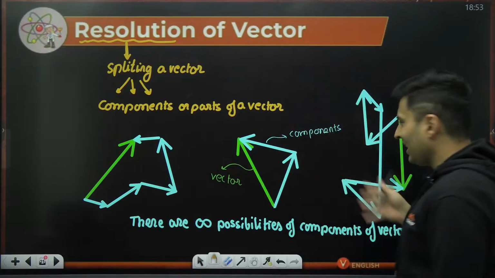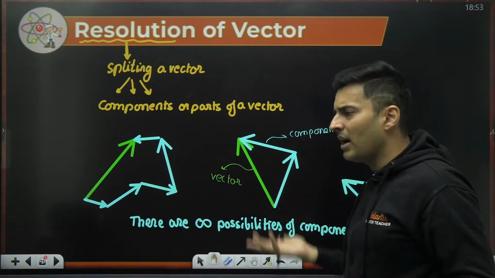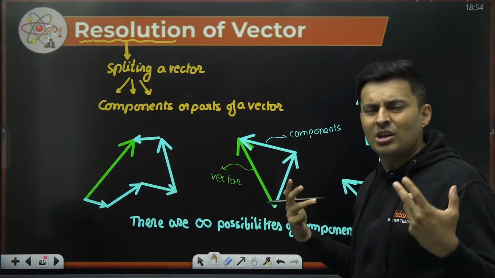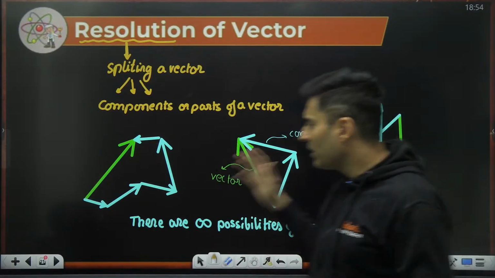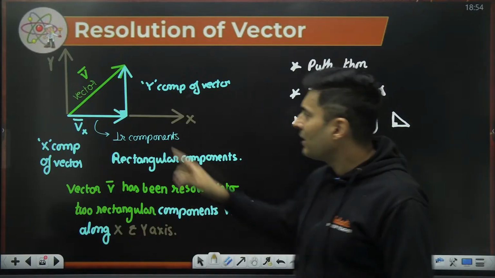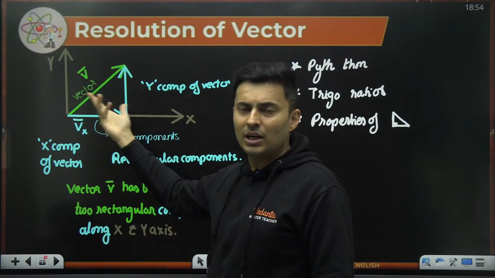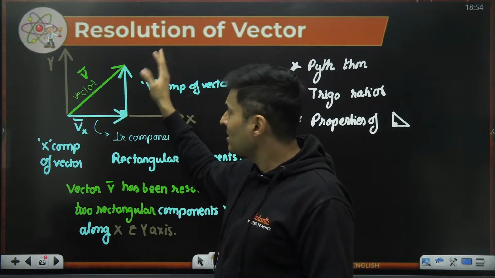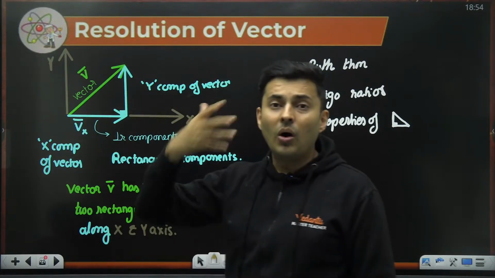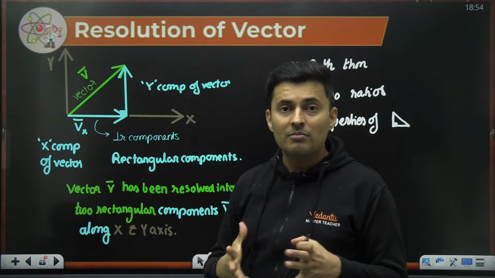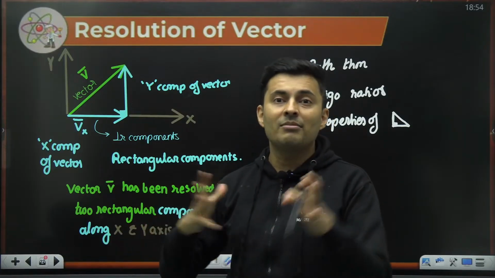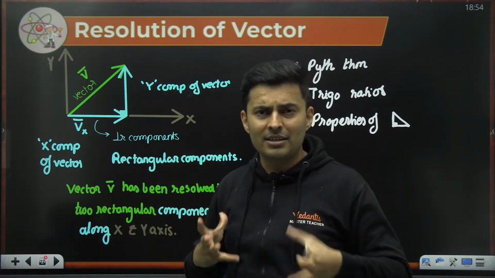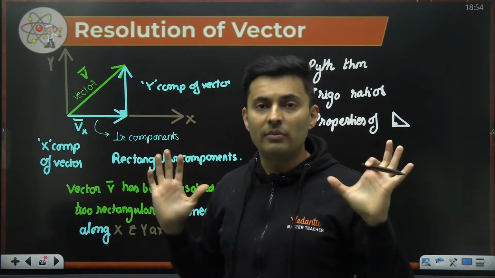If I split it like that, yes, I can make up some of my own properties of polygons, but it is very scary and lengthy and not so easy and convenient. But the moment everything is perpendicular, I can use sine theta, cos theta, tan theta, cot theta, trigonometric identities, perpendicular properties. I can use Pythagoras theorem. All these things suddenly make sense to me, that now I can find out these components. I can use some properties to find out other component or the vector itself. So much of benefit for me.